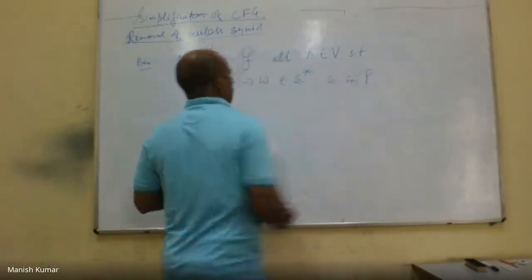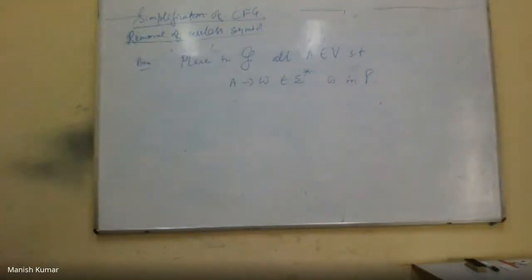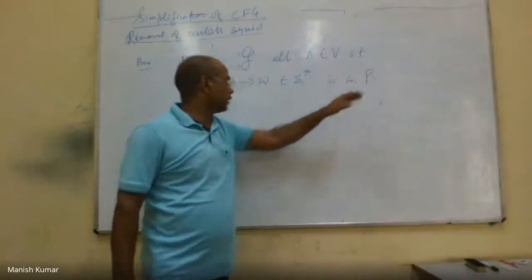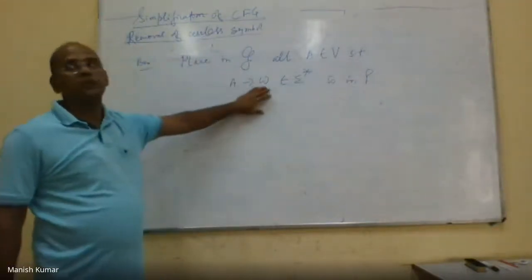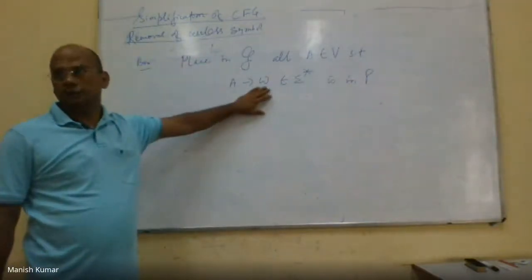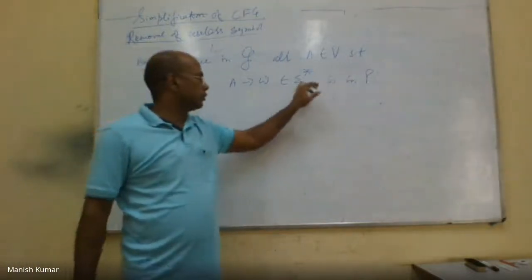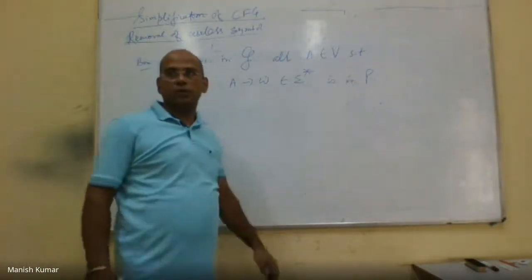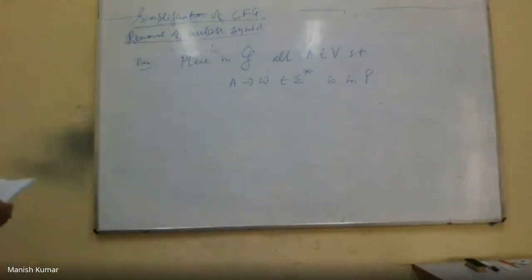That means place in G all non-terminals in V such that A defines some W, where W is a part of sigma star. Okay, this is the first step.